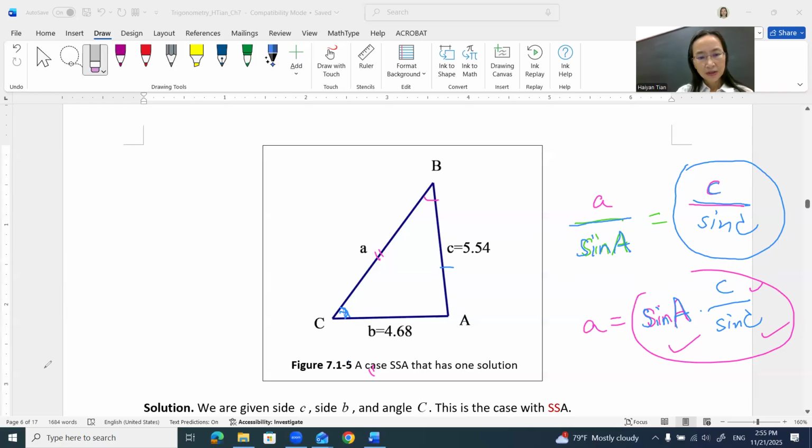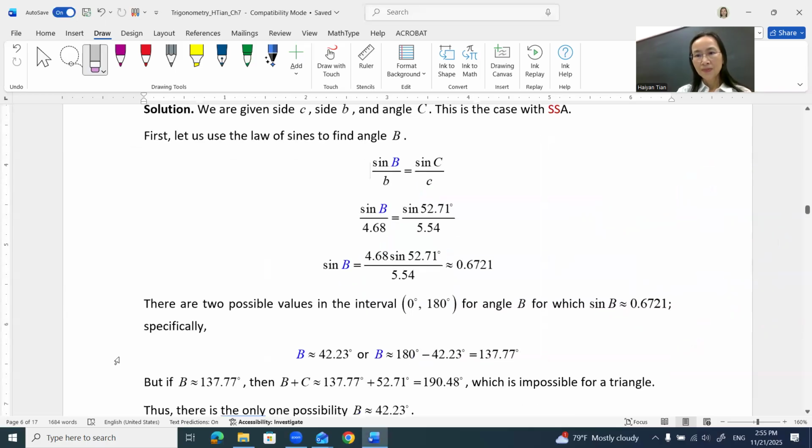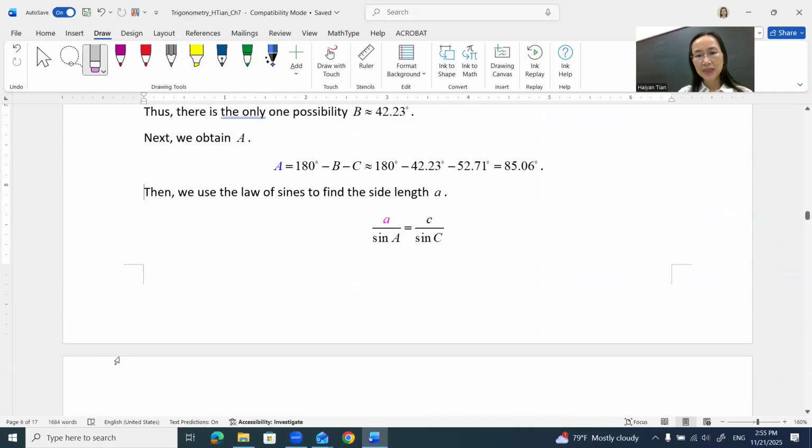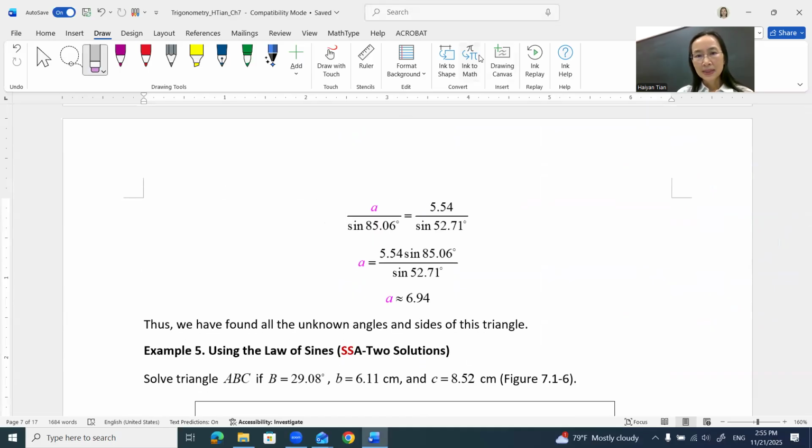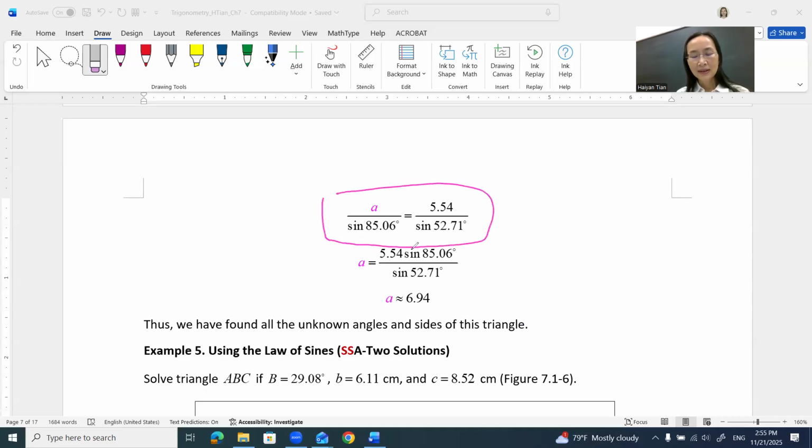So here by solving this equation, we get lowercase a. Yeah, so as you can see in this equation, everything already is known except the a. So we isolate a, and finally we get the value a as approximately 6.94.